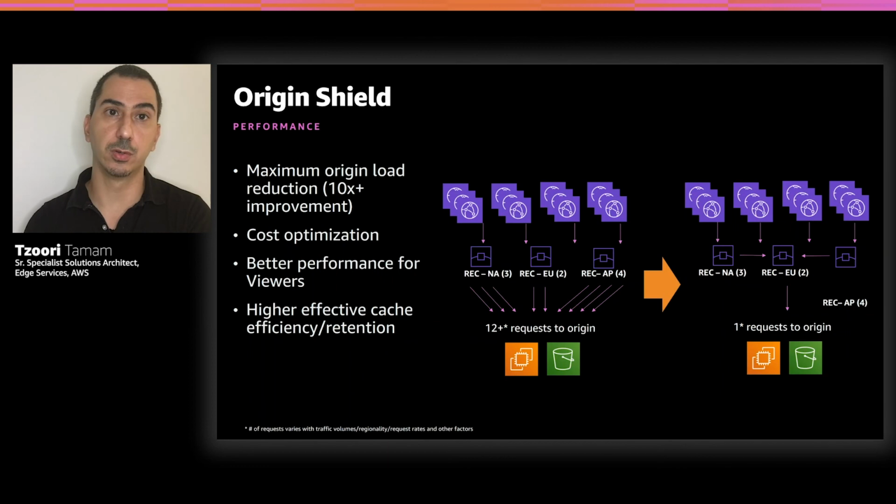Instead of going to the origin, which might overwhelm the origin, they will all go to the Origin Shield, which will store the object once and then send it out to all subsequent requests without bothering your actual origin. This could dramatically remove a lot of the load on the origin, specifically in very dynamic content environments, live media, gaming, and such. So that's one of the things you can enable on your own.